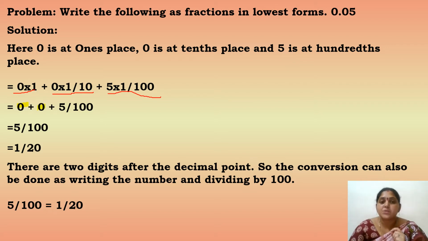Now, 5 into 1 by 100, that is 5 by 100. As I told you before, we can easily write the decimal number by observing the number of zeros in the denominator, right? So, 5 by 100, how can you write directly here without any calculation? We have to observe the number of zeros in the denominator. How many zeros are there here? Here you are having only 2 zeros.